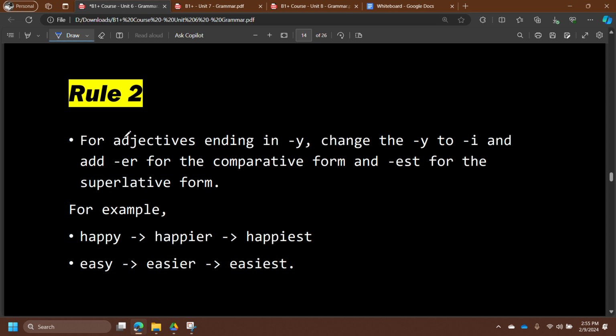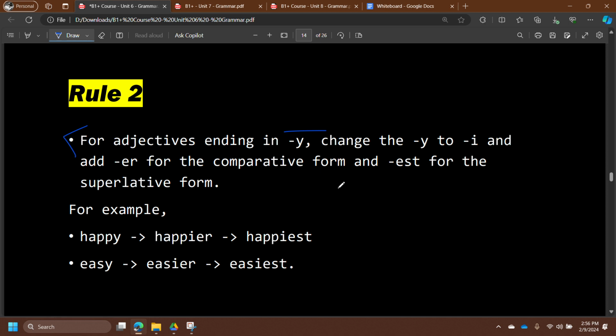Rule 2, okay. For adjectives ending in Y, change the Y to an I and add ER for the comparative form and EST for the superlative form. Now, this rule is kind of, let's say, incomplete, because I forgot to write here that, at least 99% of the time, the adjective should also be a two-syllable word, okay?